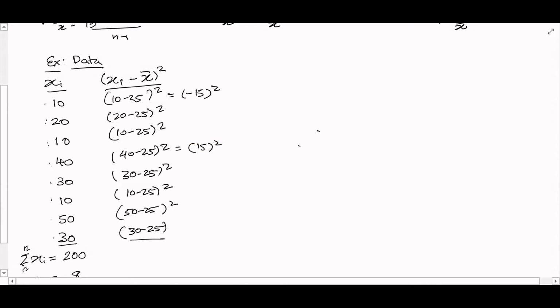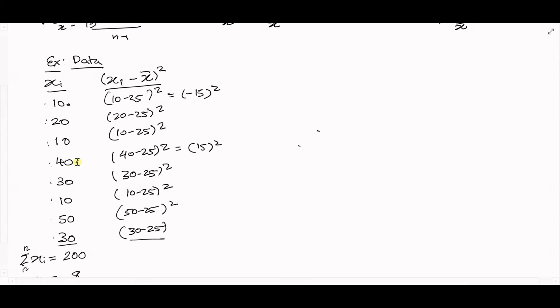Whether you look at 10 or 40, effectively you're saying that 10 is 15 below the mean and 40 is 15 above the mean. It really does not matter. They are equally away from the center point.